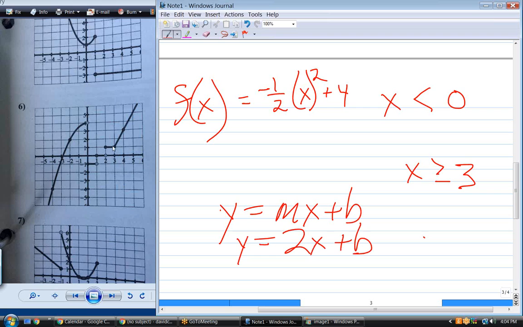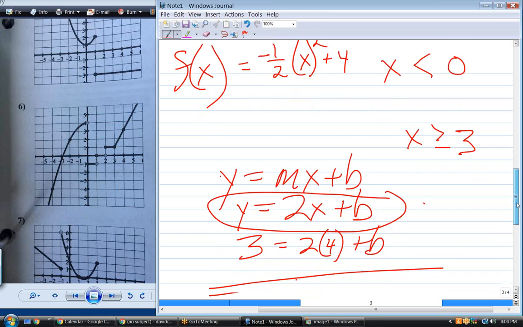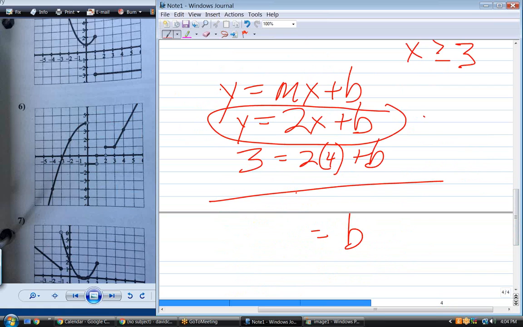We can't see where it would cross the y-axis, but we have a bunch of points we can plug in to solve for things. I can certainly solve for b by plugging in that point right there. When x is 4, y is 3. So I put 3 for y and 4 for x. That lets me solve for b. B is minus 5.